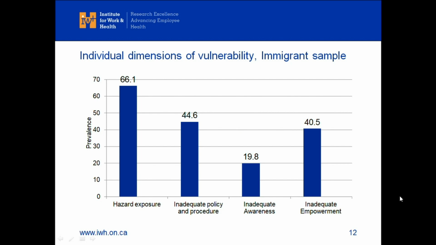From the survey results, we found that 2/3 of the immigrants we spoke to reported hazard exposure on a regular basis in their work. 44%, or nearly 45%, described inadequate policies and procedures. So the structures and policies in place in their workplace didn't meet the standard that we thought to be adequate.